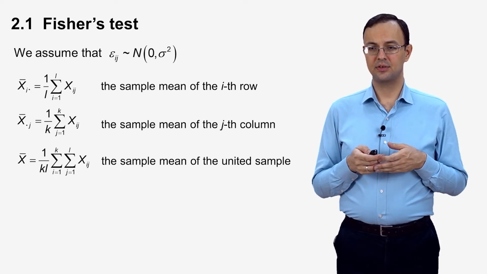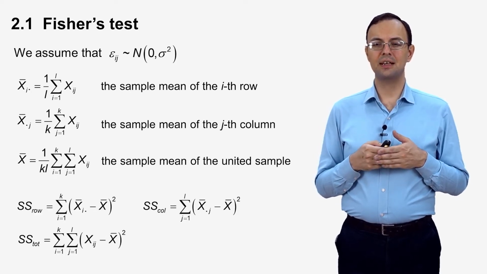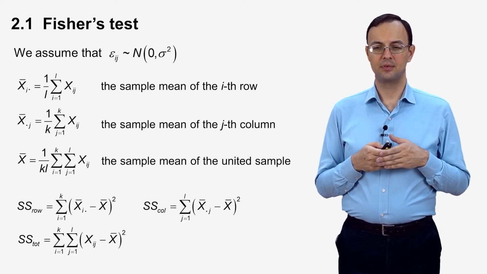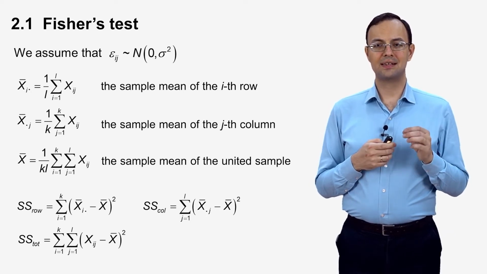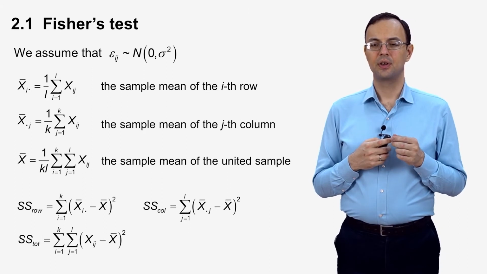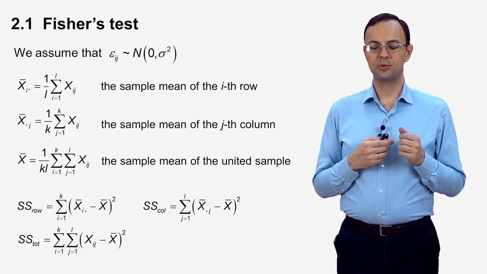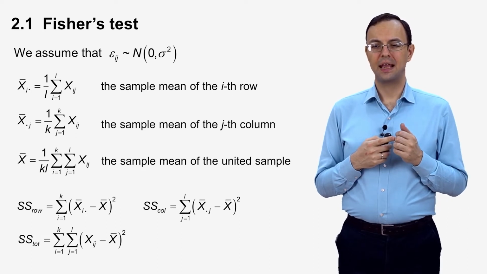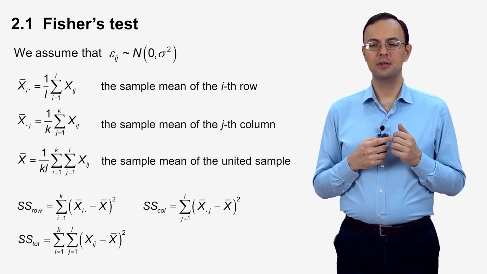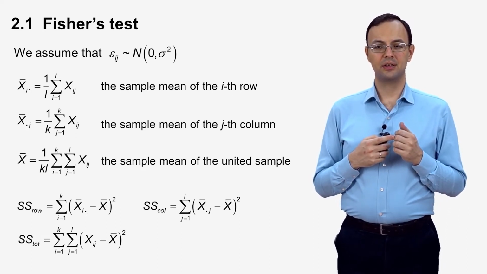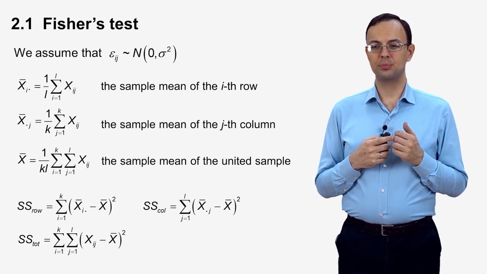And then we calculate sums of squares. So SS is for the sum of squares, and we have sum of squares for rows, sum of squares for columns, and total sum of squares that are calculated with the formulas you see now.